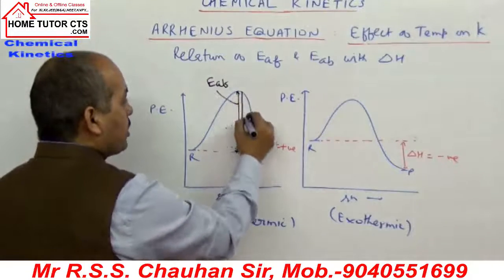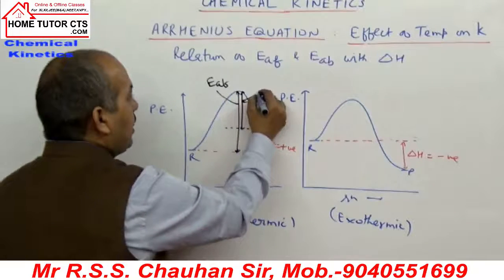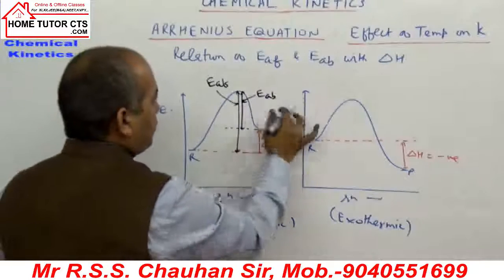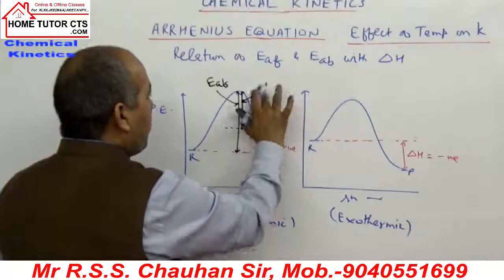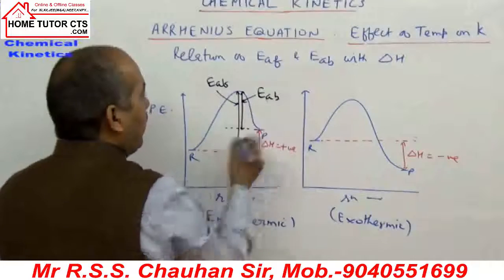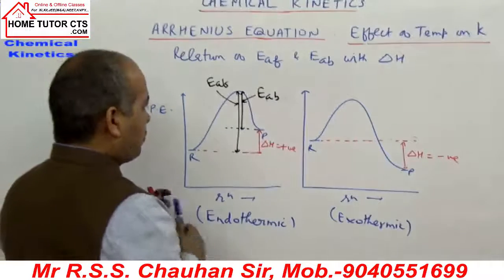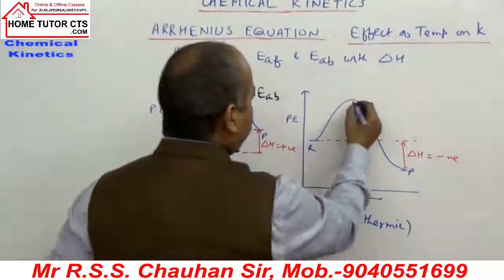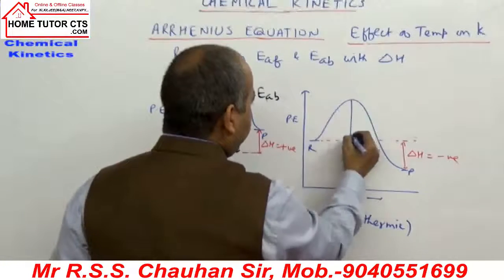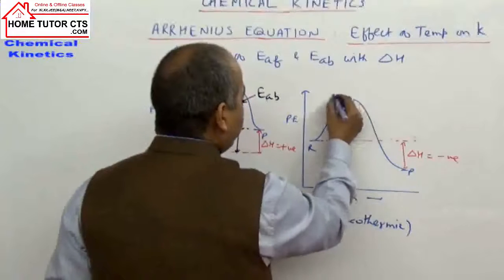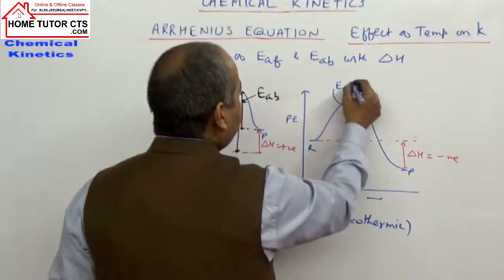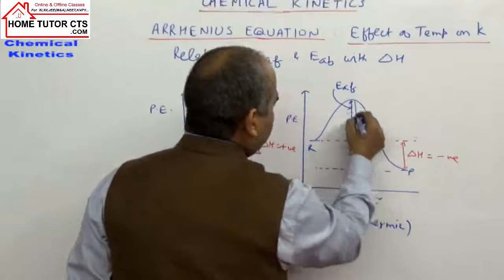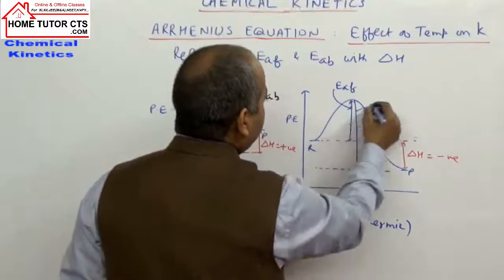So for the backward reaction, I can write EAB as the activation energy. In this graph, this is EAF, the forward reaction's activation energy, and for the backward reaction, this is the activation energy.